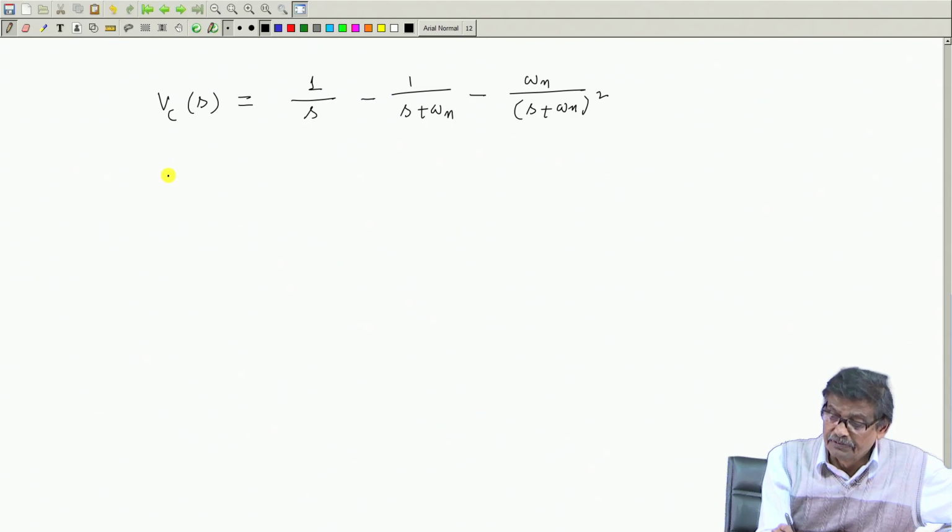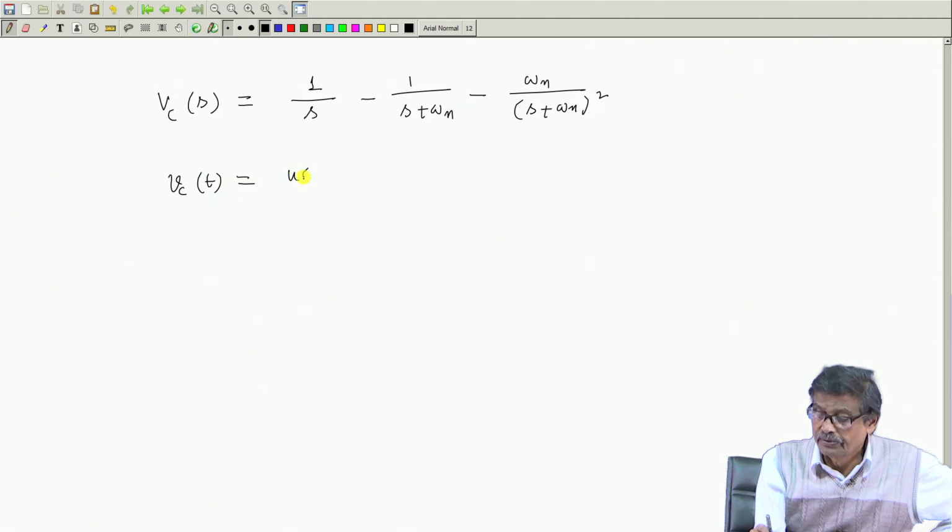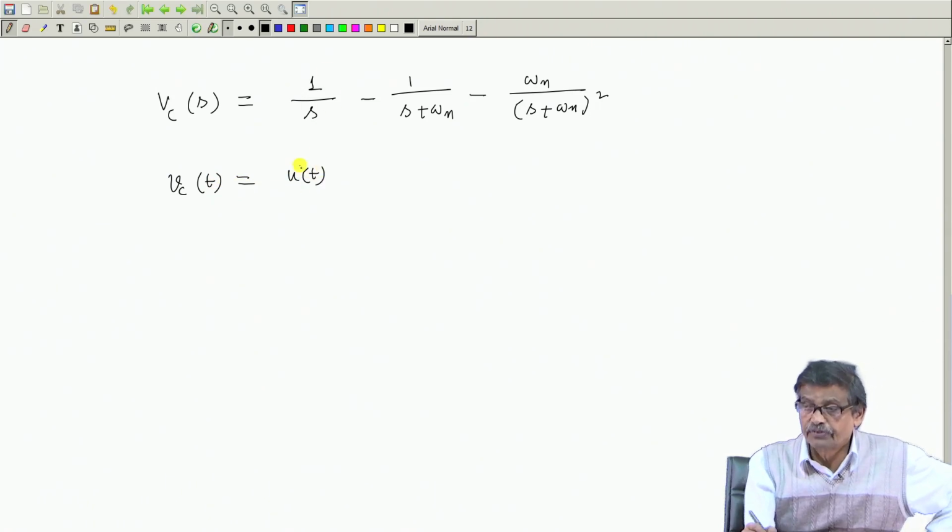Now, if you take the Laplace inverse, you will get vC(t), which will be equal to u(t) standard form.